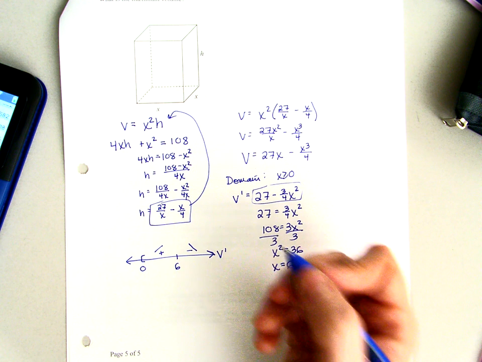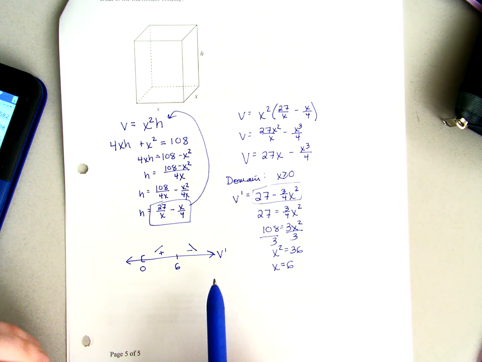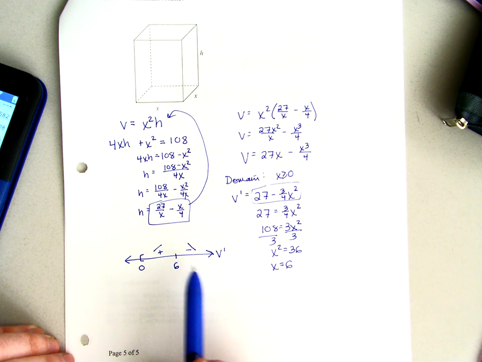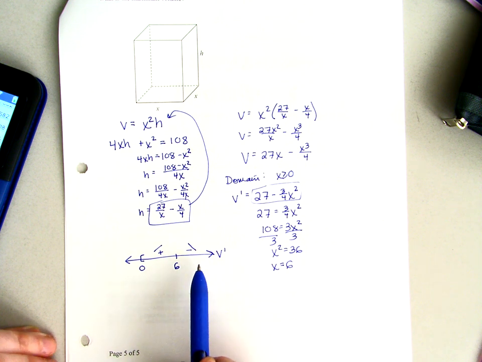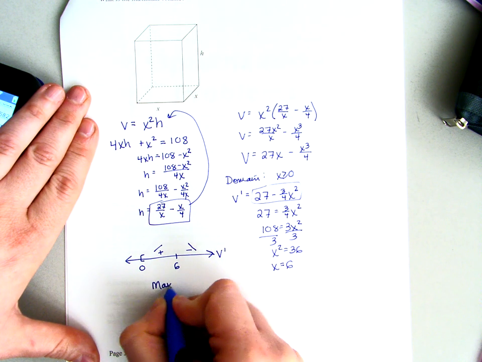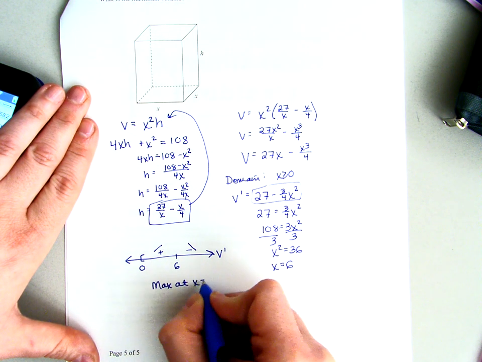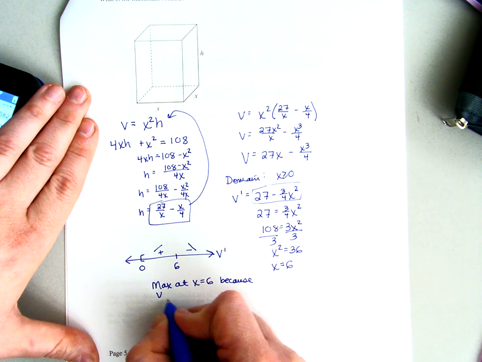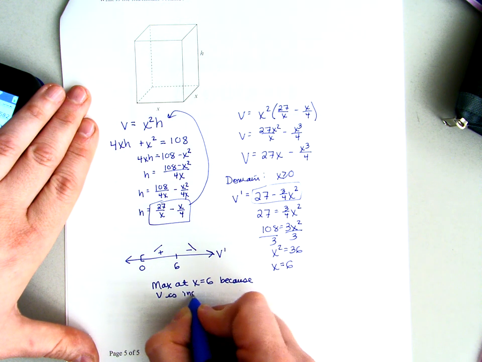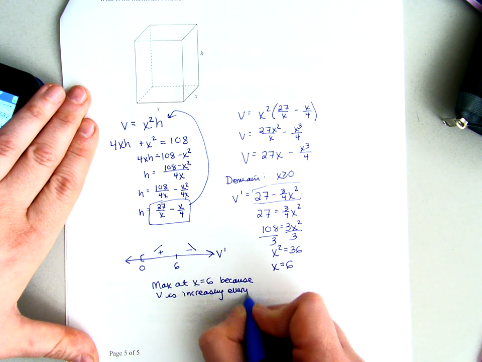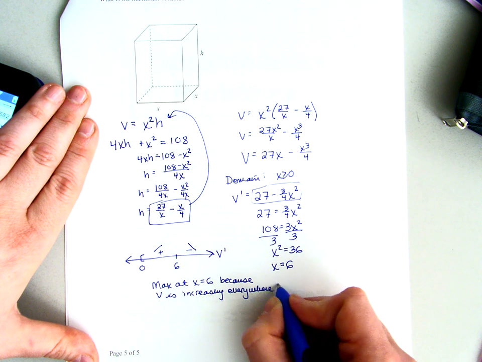Yep, I do have a max at x equals 6, because V prime is positive everywhere before there, so V is increasing everywhere before 6, and V prime is negative everywhere after 6, so V is decreasing everywhere after 6. I'm going to state there is a max at x equals 6 because V is increasing everywhere before x equals 6.